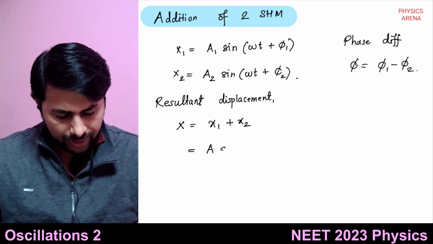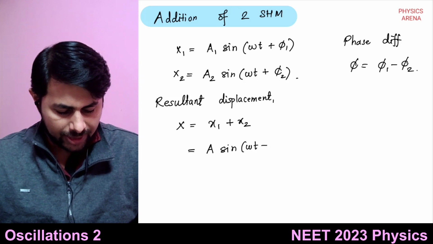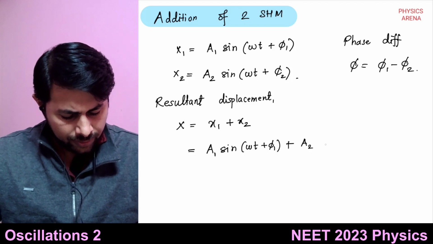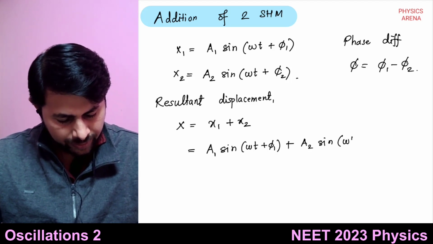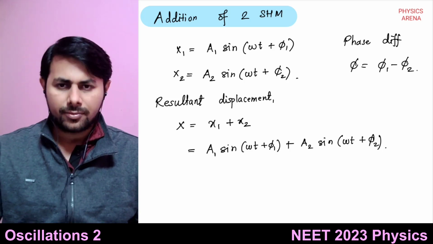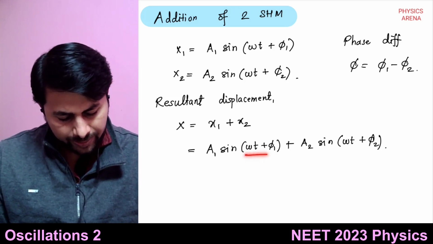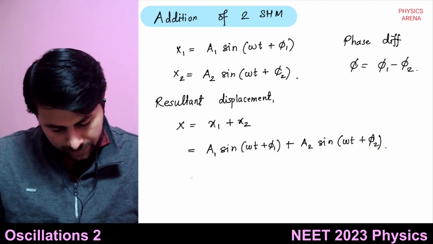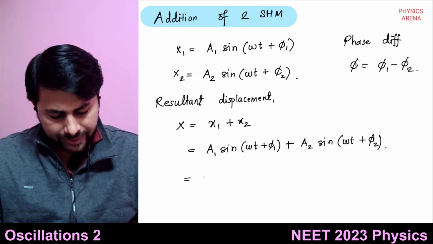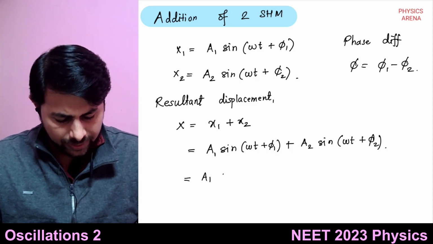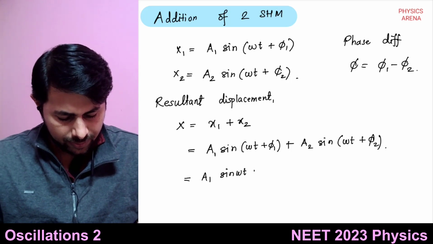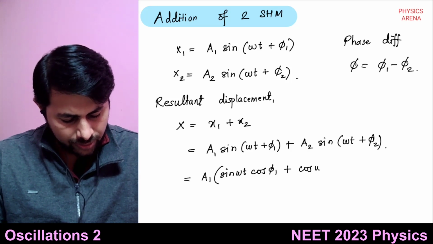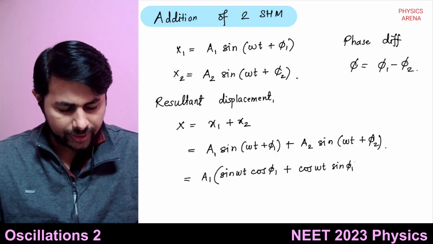So it is a1 multiplied by sine of omega t plus phi 1, plus a2 multiplied by sine of omega t plus phi 2, and now we need to expand these brackets. So what do we get? We get a1 multiplied by sine omega t cos of phi 1 plus cos omega t sine of phi 1.